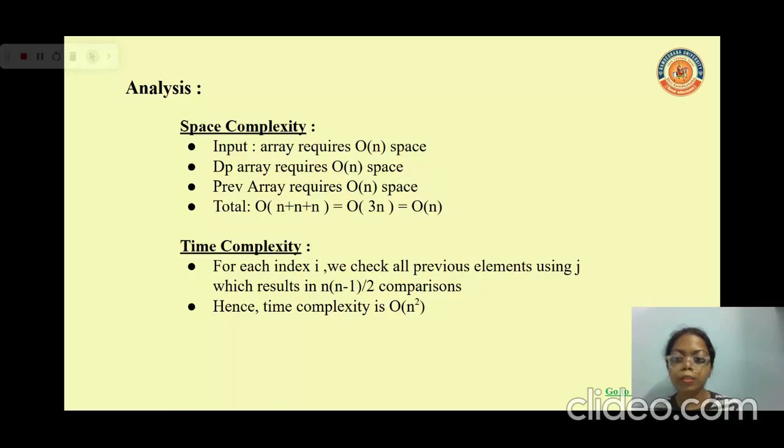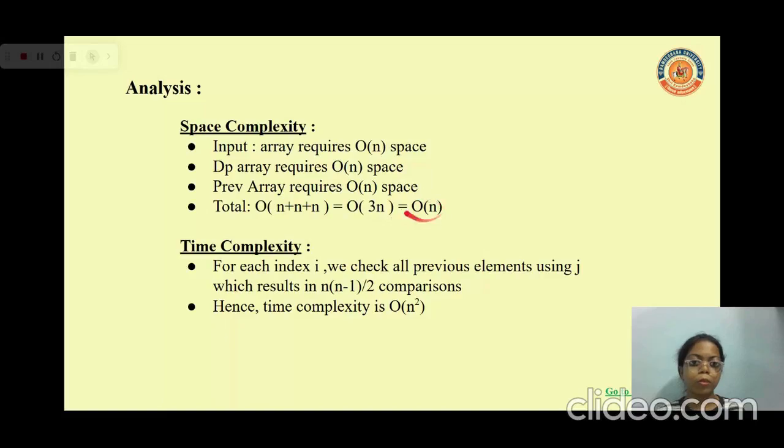As we have done this problem, we must analyze how much space and time it requires. For input I require O of n, DP array O of n, previous array O of n, so in total I have O of 3n.